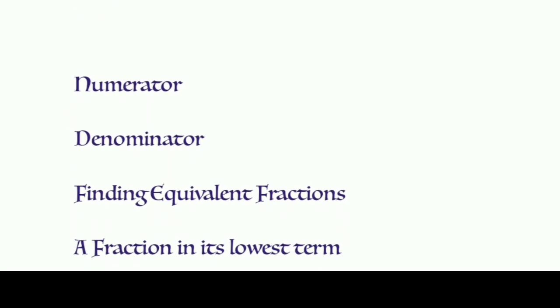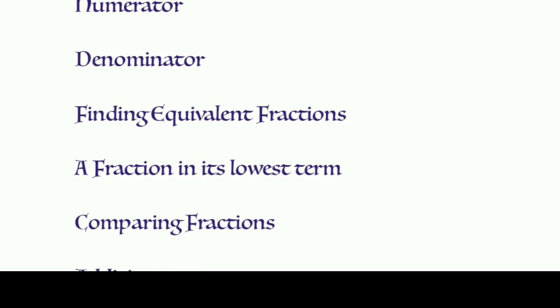Let's see the recap. In this chapter, they have learned numerator, denominator, and types of fractions: like fraction, unlike fraction, proper fraction, improper fraction, and mixed fraction. After that, finding equivalent fractions, then a fraction in its lowest term, then comparing fractions.